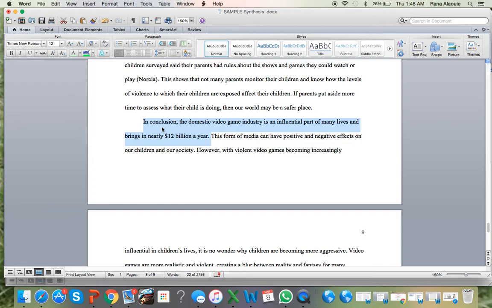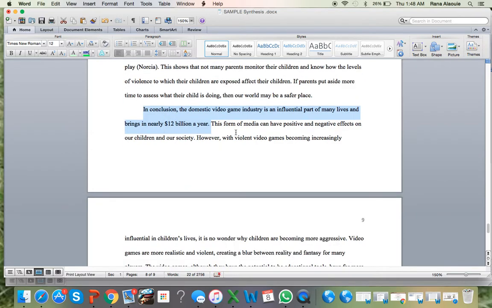"In conclusion, the domestic video game industry is an influential part of many lives and brings in nearly 12 billion a year." This is very incorrect. Is this a claim? This is not a claim, and I remember commenting on that when I was reading this.